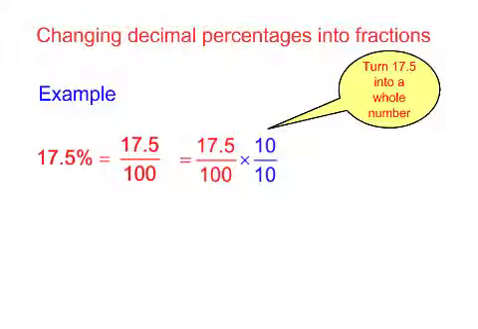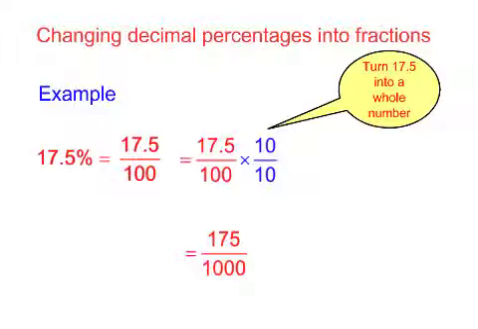Now let's change a decimal percentage into a fraction. For instance, we have the percentage 17.5%, which is 17.5 over 100. What we need to do here is to turn that 17.5 into a whole number so that we can then cancel the terms down. So we're multiplying 17.5 by 10, and doing that to the top, we must do the same thing to the bottom.